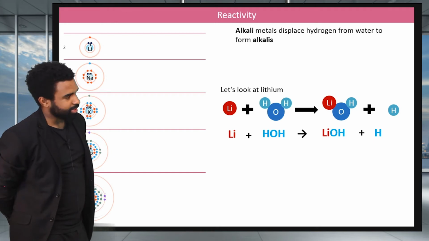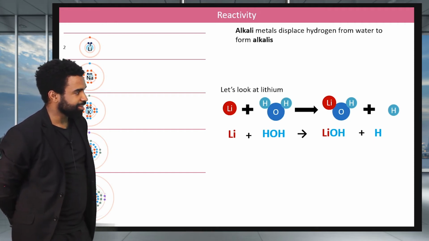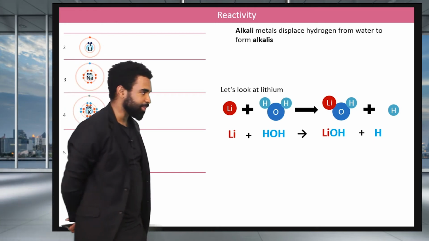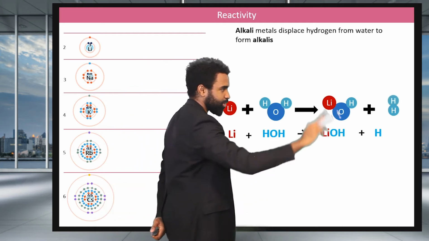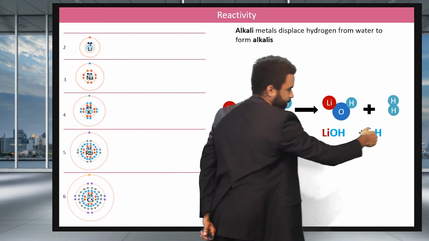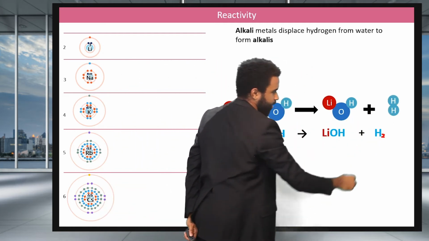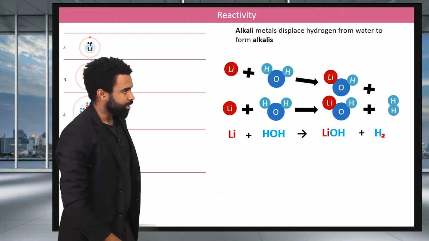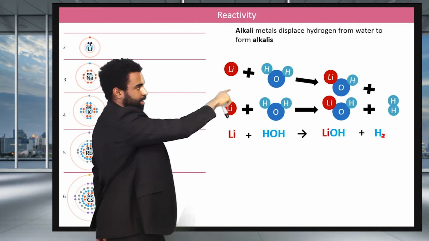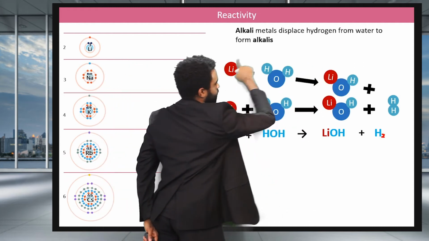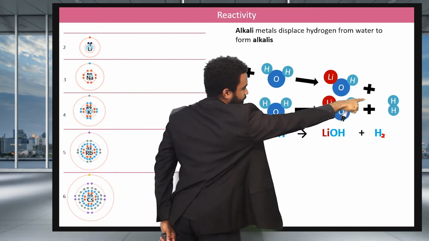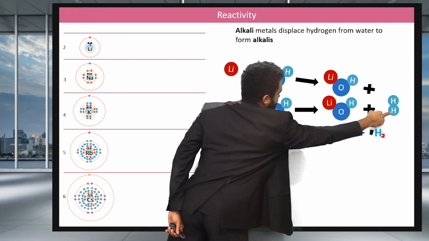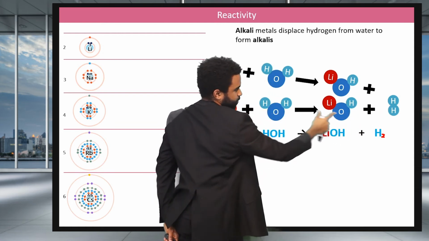But here's the problem. Hydrogen is a diatomic molecule. So whenever you have one hydrogen, you're going to have a second hydrogen. We need to figure out a way to put H2 here, because H doesn't exist on its own usually. When we put the second H, we then tell the story of the other hydrogen.